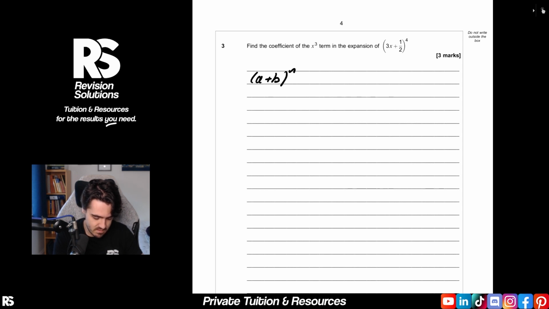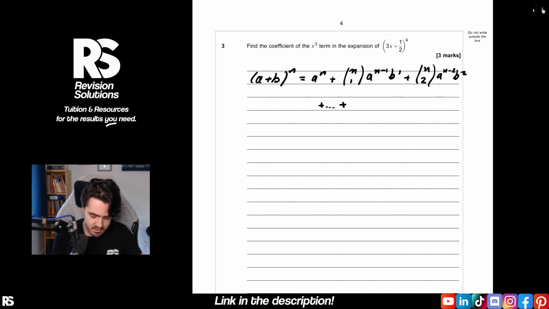So a plus b to the n would equal a to the n plus n choose 1, a to the n minus 1, b to the 1, plus n choose 2, a to the n minus 2, b squared, plus dot dot dot, and then the rth term, which we're going to use, is going to be n choose r, a to the n minus r, b to the r.